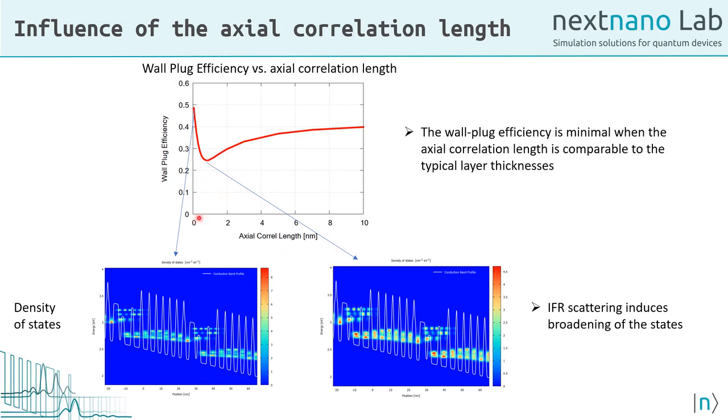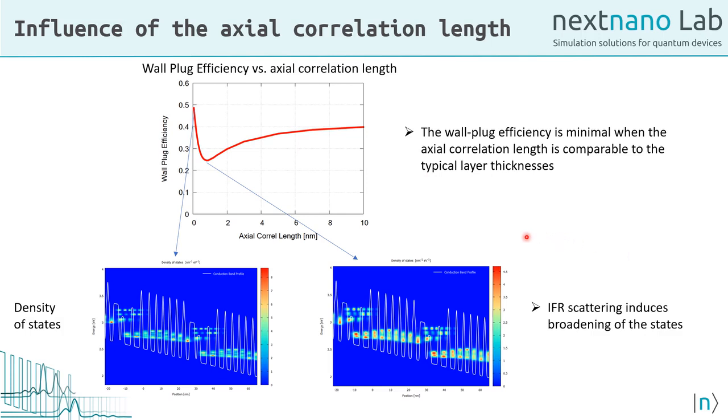In particular, we see a much larger broadening due to interface roughness when the axial correlation length is of the order of the thickness of a typical barrier in the device. And then the wall plug efficiency increases again when this axial correlation length increases, because it means that two consecutive interfaces tend to be correlated again, and so the effect decreases.